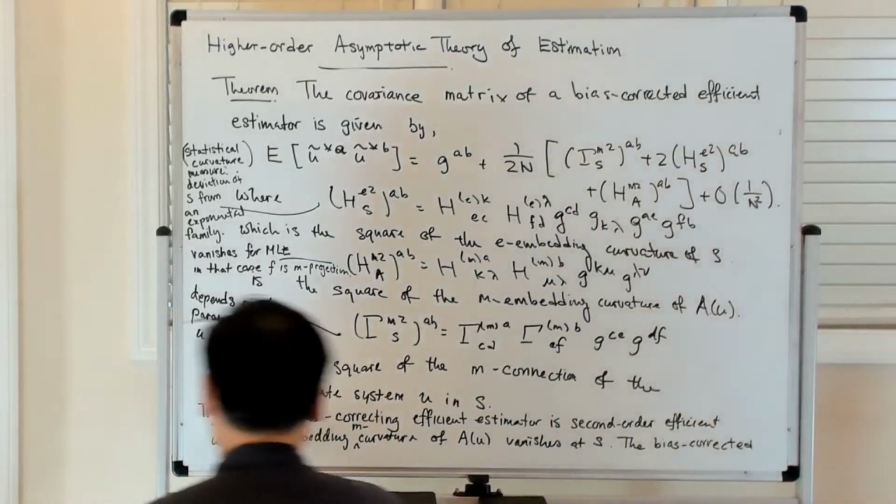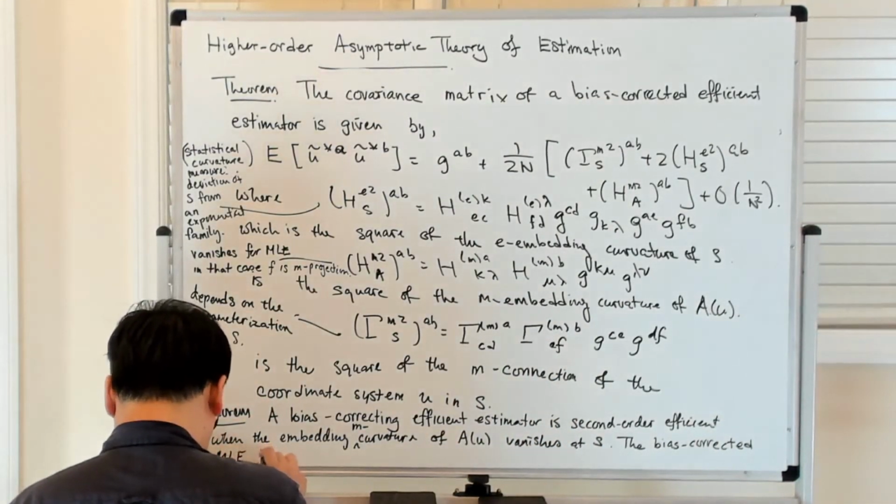So the bias corrected maximum likelihood estimator is second order efficient.